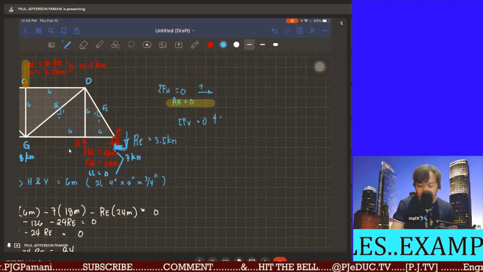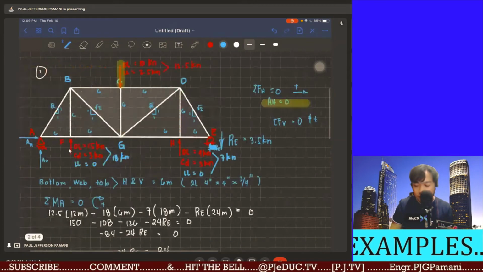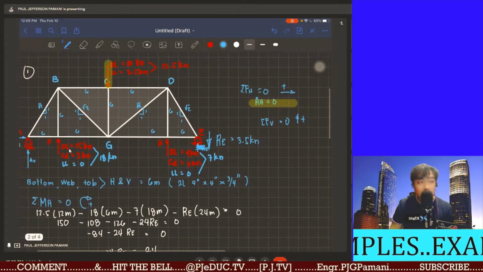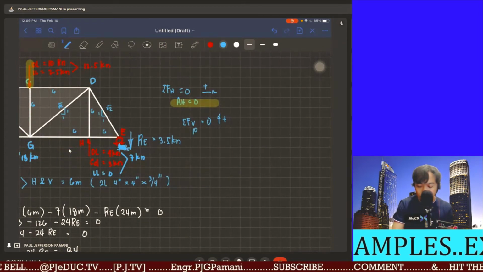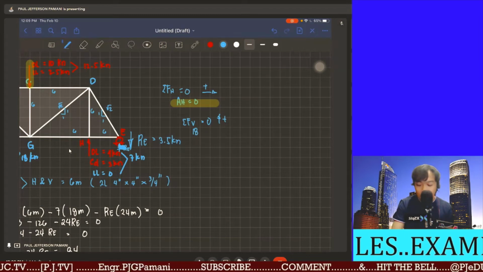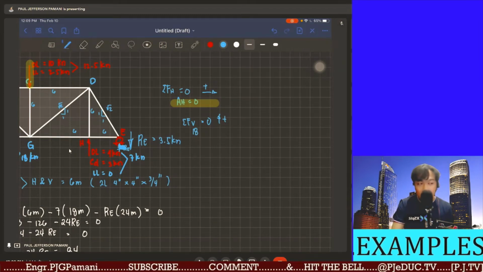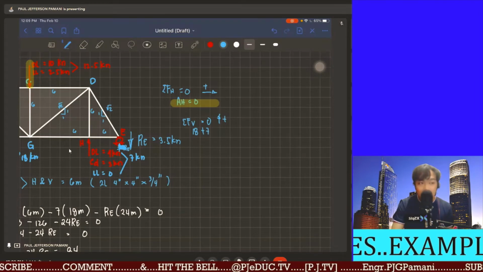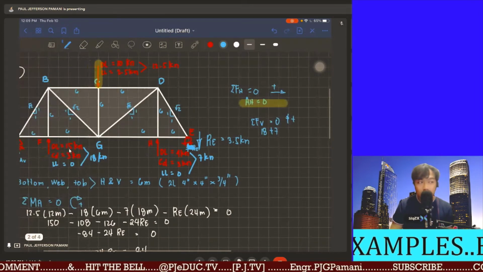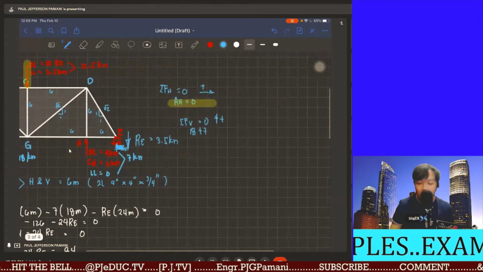Upward forces, positive. What are the vertical forces on our truss system? At joint F, there is basically an 18 kilonewton upward, so positive. Joint H, a 7 kilonewton upward, so also that is positive. Then at joint C, we have a 12.5 kilonewton, which is going downward.